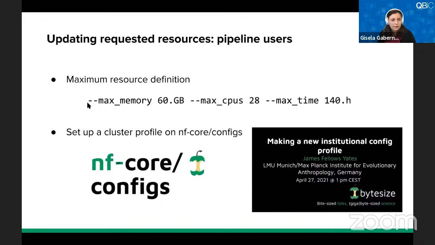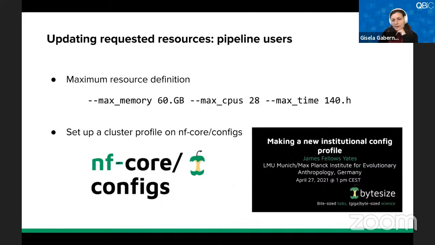This can be done directly via pipeline parameters. All nf-core pipelines have the parameters max_memory, max_cpus, and max_time available, and you can directly specify the maximum resources there. But if you are using the nf-core pipelines very often with your institutional cluster, a good idea is also to define an institutional config profile as part of the nf-core/configs repository.